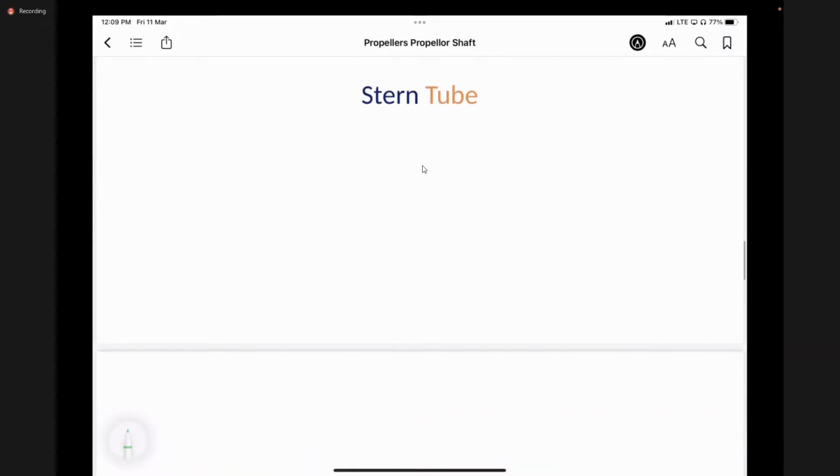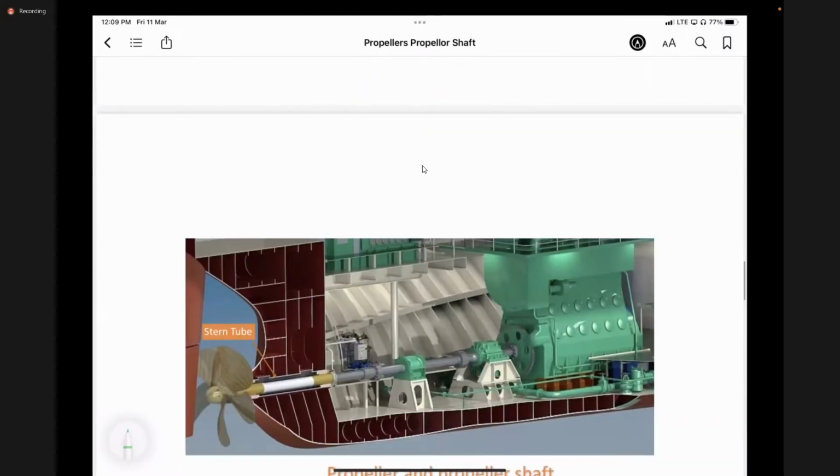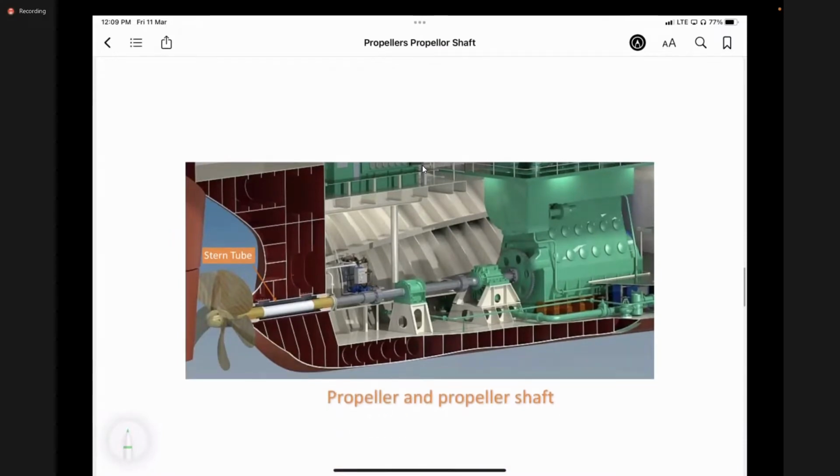So this stern tube is essentially, what happens is, we have the propeller.